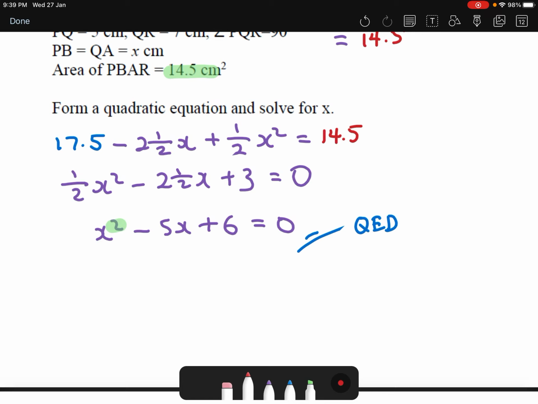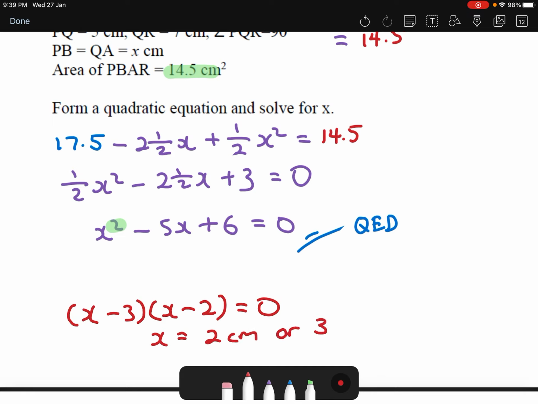How do we factorize this? Quite simple: x minus 3, x minus 2, equals 0. If you can't see directly, you can draw the table. So x is equal to 2 centimeters or 3 centimeters. So we got two answers.